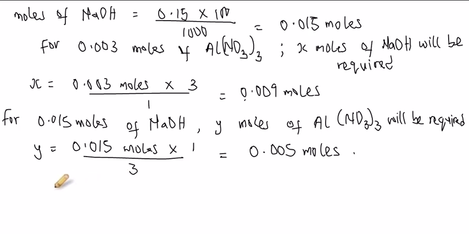Since sodium hydroxide is in excess, that's the first part. In the question we are asked to calculate the volume of the solution in excess. So we need to determine the volume of sodium hydroxide. To determine the volume of sodium hydroxide in excess, let's calculate the number of moles that will be left at the end of the reaction.